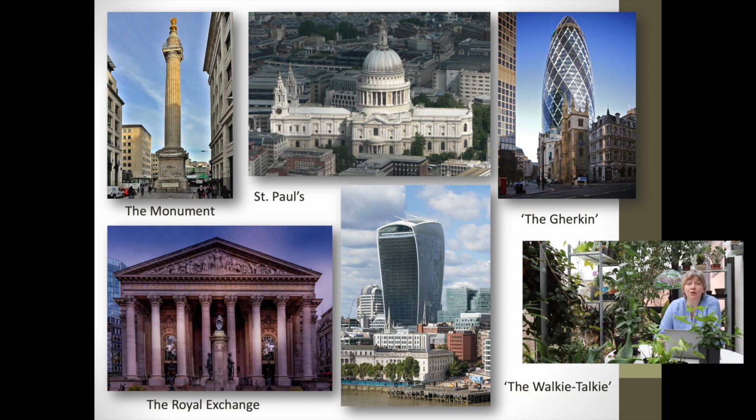We have the monument, this massive column. This is actually the monument commemorating the Great Fire of London, which destroyed this part of the city mostly, and of course the rebuilding of the city. Luckily, not many people died. This was an accident.